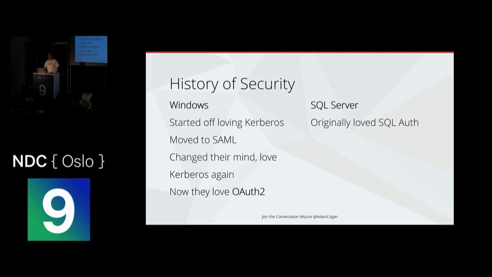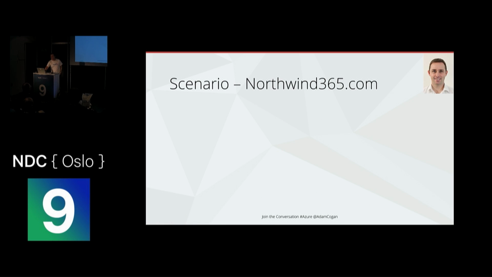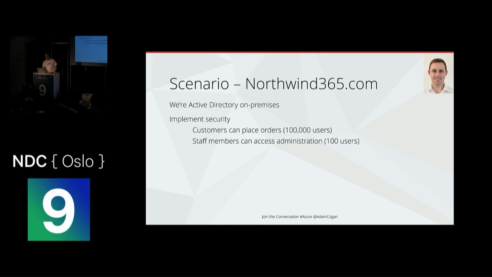And SQL Server, it was SQL Auth, then Windows Auth, kind of SQL Auth now if you look at SQL Server for Linux, the new product, and there's a little bit of information there how to jump back to Windows Auth.